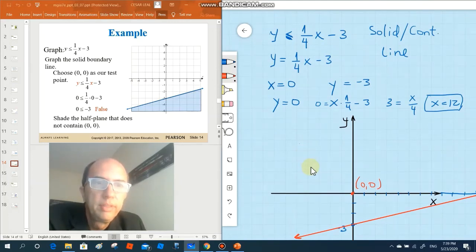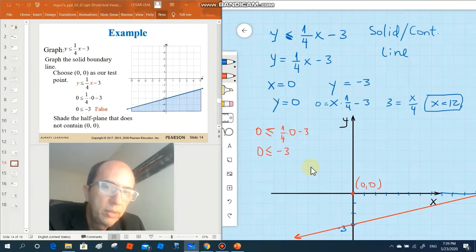So we have 0 is less or equal than 1 over 4 times 0 minus 3. 0 is less or equal than negative 3. What do you think about it? True or false? False, right? Because negative 3 is less than 0.